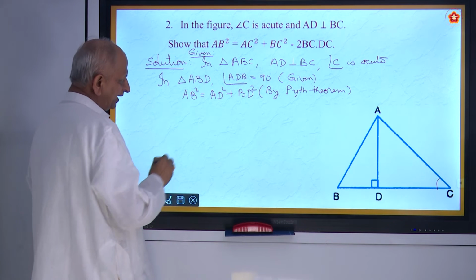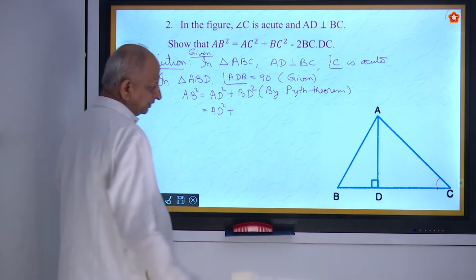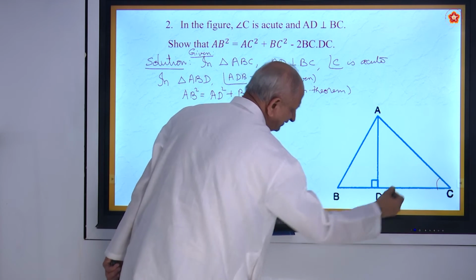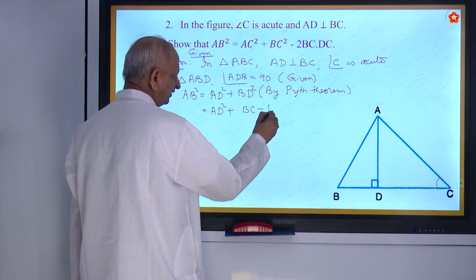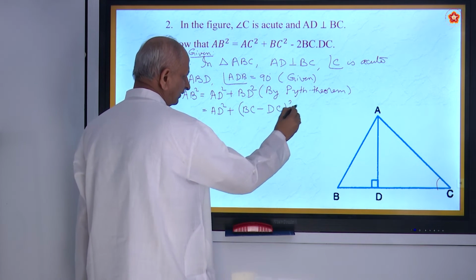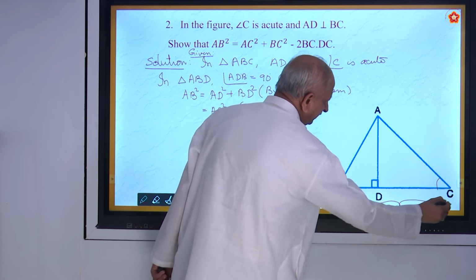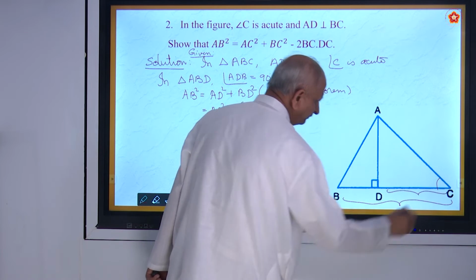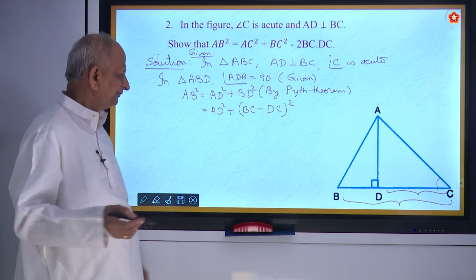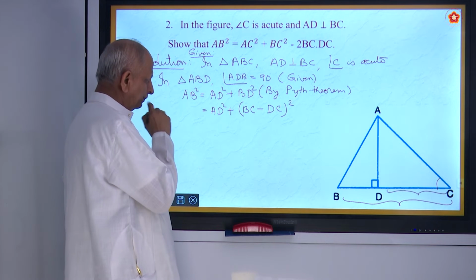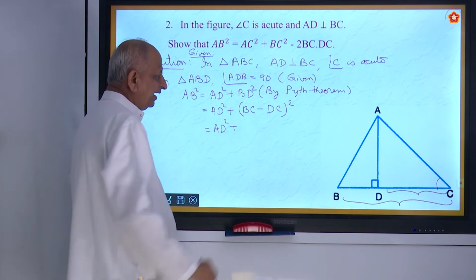And for writing BD, what does BD mean? BD can be written as BC minus DC, correct? BC minus DC, you just see that square. So this is BD, so the total length is BC minus DC. BC minus DC gives BD, is it not? Then we have AD square plus, what is the formula?